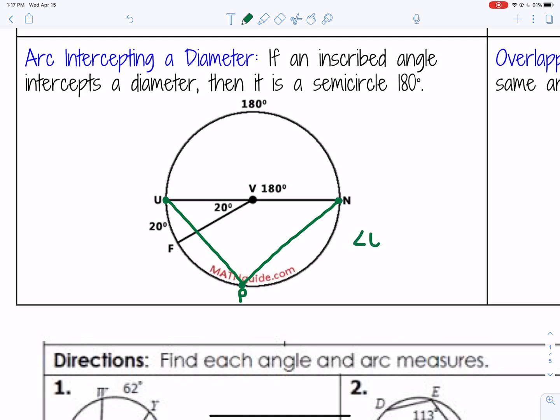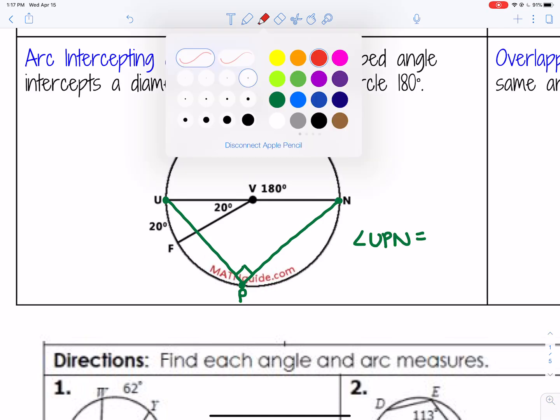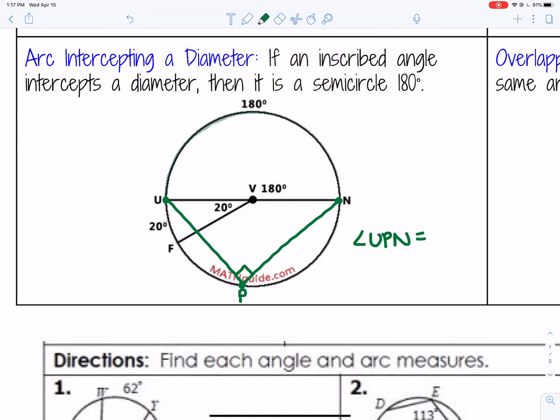So if I had angle UPN in this picture, then what we talked about in inscribed angles in that first definition is that angle P would automatically have to be a 90-degree angle because it's opening up to an arc UN that's equal to half of a circle or 180 degrees. So angle UPN would equal half of that intercepted arc, or half of the 180 degrees. And so it would equal 90 degrees.